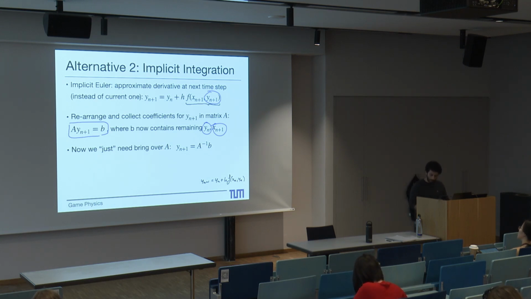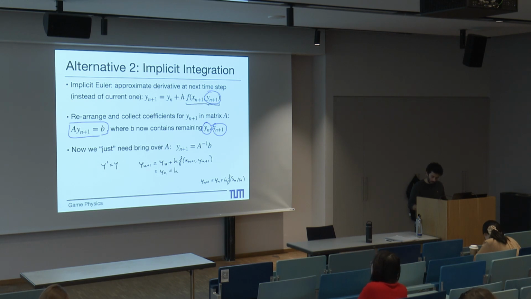In the case, let's say, let's dig up our example that we were using before. So we have y prime equal to y, and since it's one-dimensional, we can actually see that in practice. So if we are writing our implicit scheme here, what we get is something that looks like this. So this is f of xn plus 1, yn plus 1, which becomes yn plus h times yn plus 1, right?